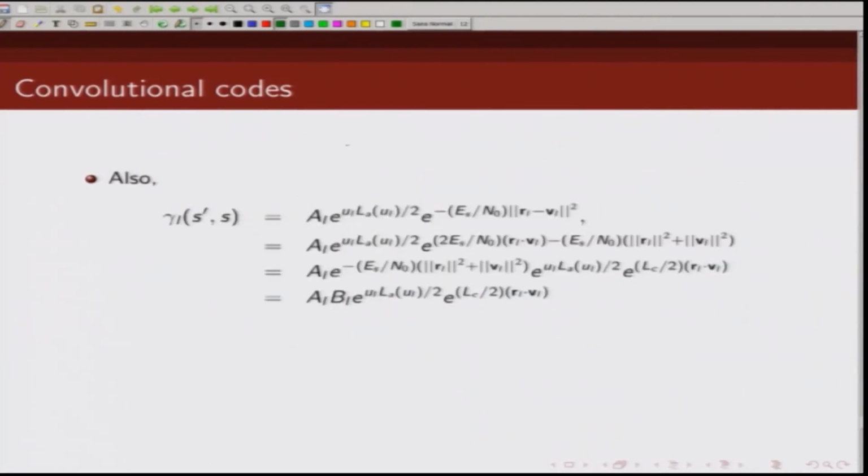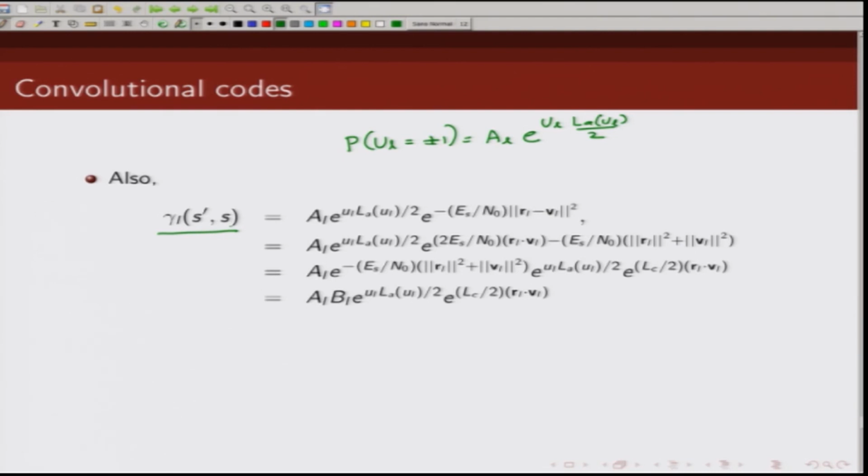We will use the expression that we derived in the previous slide for the a priori value, which was u_l being +1 or -1 as A_l e raised to power u_l L_a(u_l) by 2. We will use this expression to simplify the expression for the branch matrix for our BCJR algorithm.